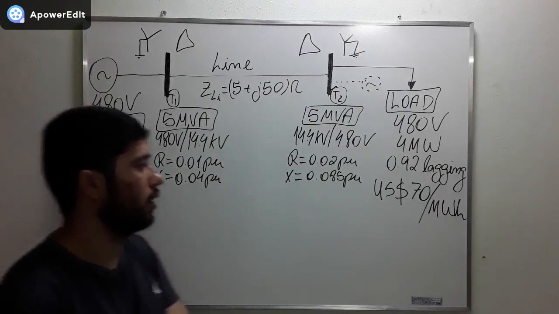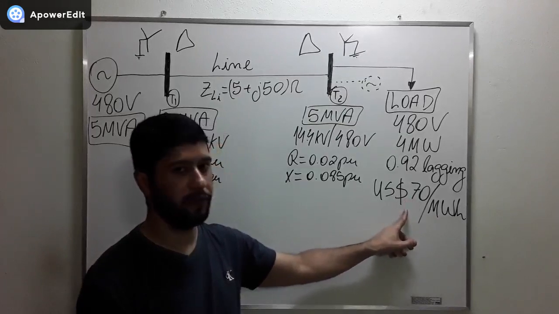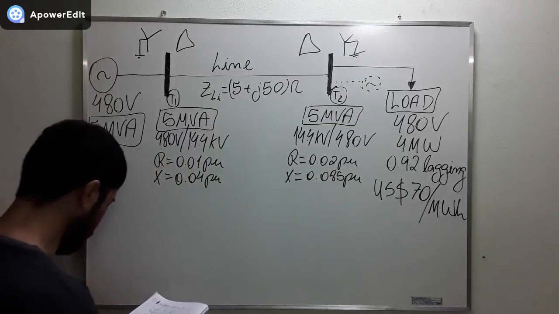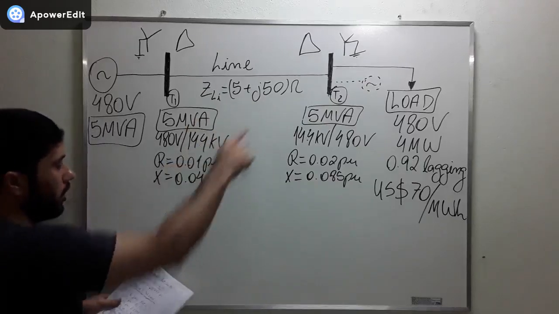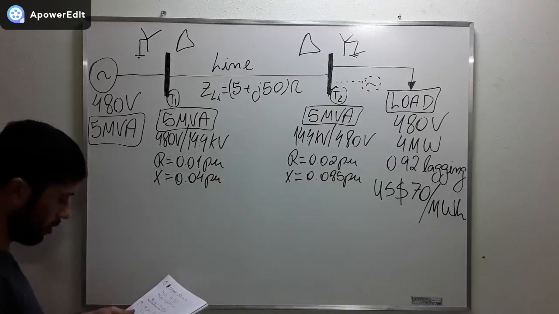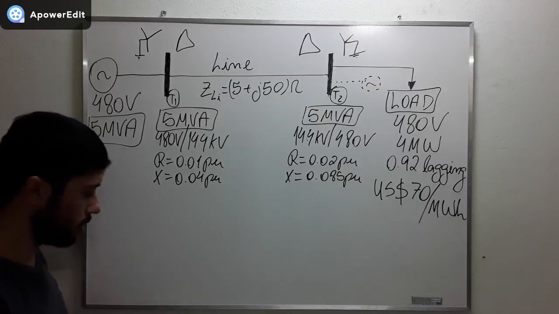Okay, megawatt hour is energy. I pay $70 per megawatt hour. And we know that we lose here 568.95 kilowatts along the transmission elements.